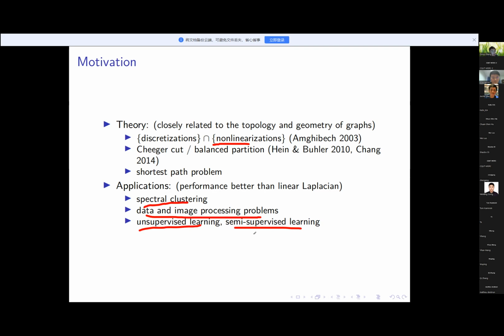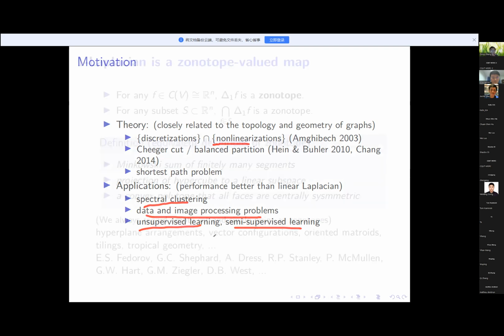And some recent results indicate that algorithms based on graph p-Laplacians often perform better than algorithms based on the linear Laplacian for solving spectral clustering or image processing problems. Okay, but in this talk, I only focus on the theoretical part.